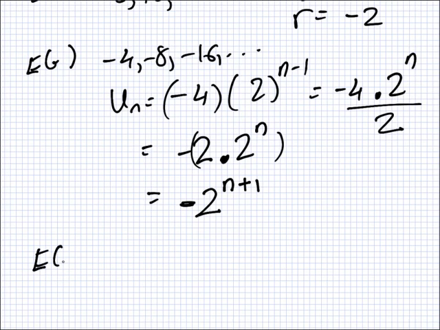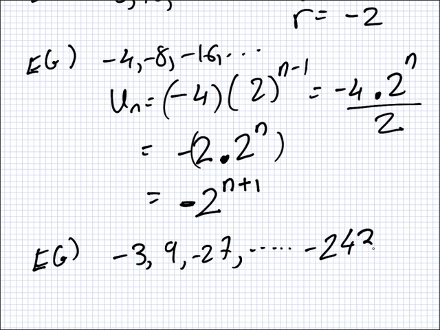Right, next example. How many terms are in this sequence? Okay, let's have a look. Well, how did we do it in the last lesson? Yeah, you put minus 243 equal to Un.